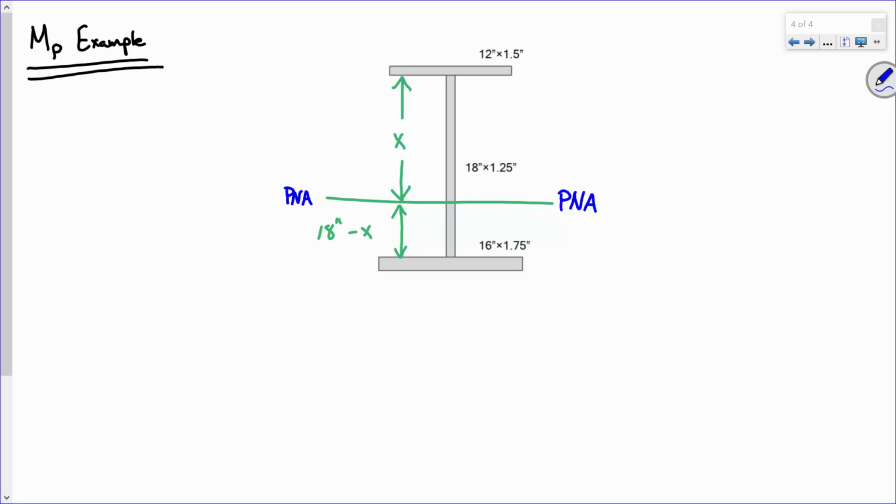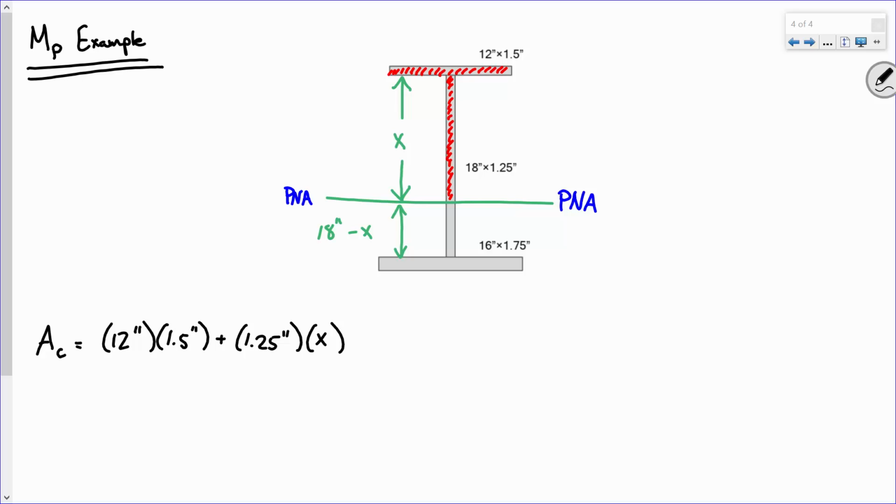The area in compression is everything that's shaded red, all this shaded area here and all this shaded area here. So the area in compression, I propose, equals 12 times 1.5 plus 1.25 inches times x.